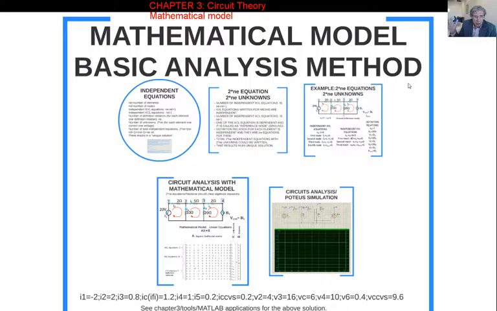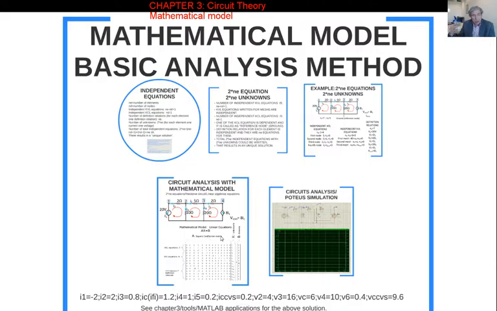That means the coefficient matrix, shown here as the A matrix, is going to be a square matrix. If the equations are independent, then the determinant is nonzero and the inverse of the A matrix exists. Otherwise there is no inverse. If the inverse exists, that means you can find all the elements, currents and voltages, as a unique solution.